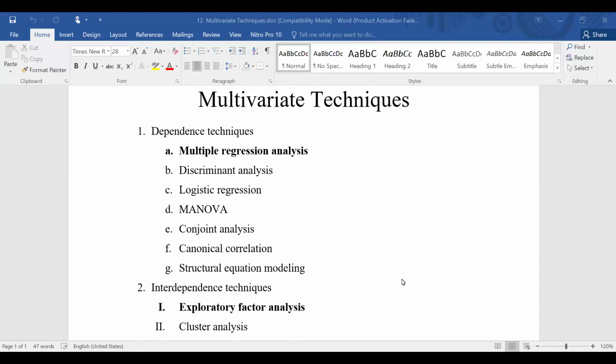Univariate technique means when we are analyzing one variable, and bivariate technique means we are analyzing two variables, and multivariate means when we analyze more than two variables. So multivariate technique can be divided into two parts. One is the dependence technique and another the interdependence technique. Is it clear?